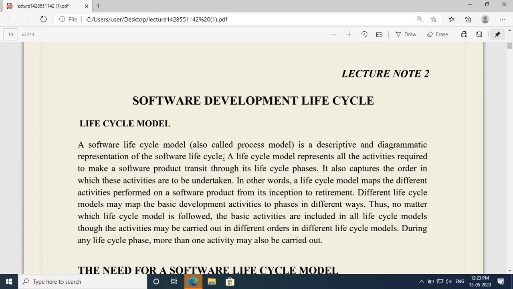All these models are diagrammatic representations for developing software. Whatever process model we adopt, all of them follow the same principle, same rule and same regulation. In one line, we can say that SDLC is nothing but the diagrammatic representation for developing the software.